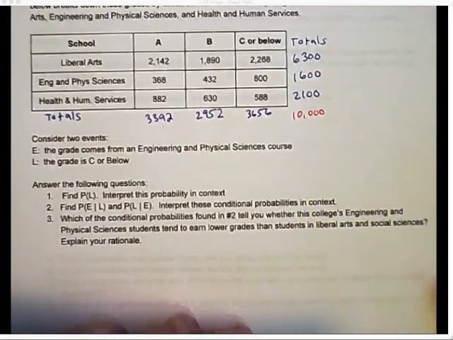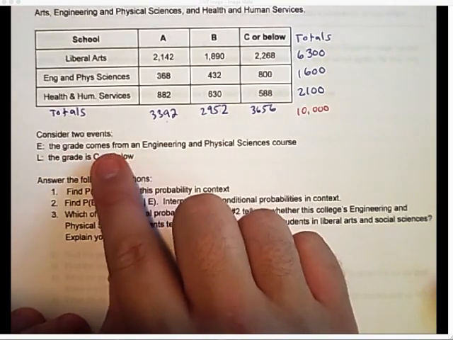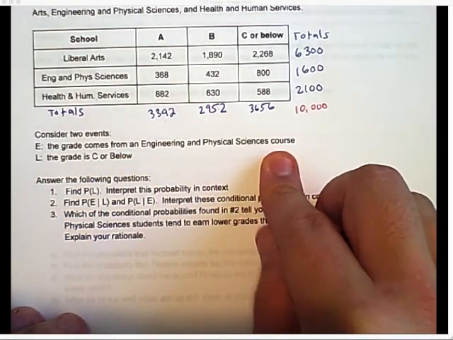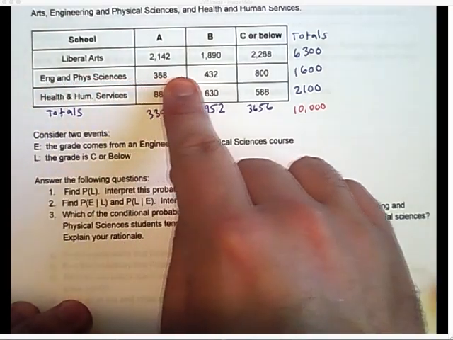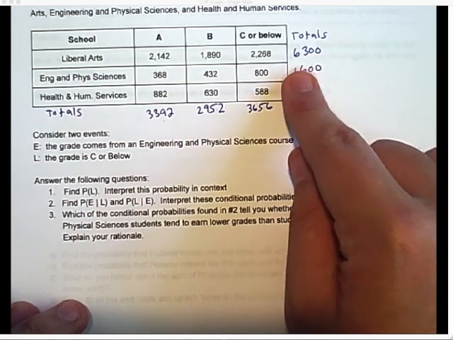All right. So it says consider two events. Event E, the grade comes from an engineering and physical science course. So if we look across at engineering and physical science, they gave out 1,600. Okay.